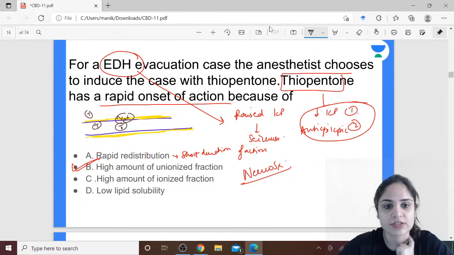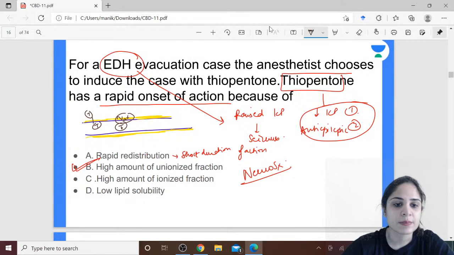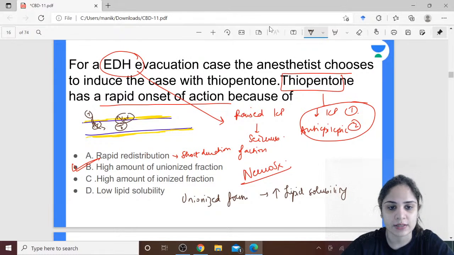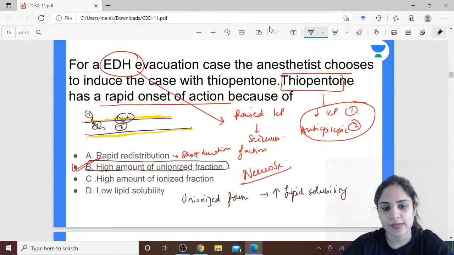To cross this lipid membrane, there is a very important chemical property of thiopentone, and that is it has to be in the unionized form. Whenever the drug is in the unionized form, it has high lipid solubility. So the more the unionized form, the faster it will be able to enter inside the nerve and act on the blockage of the sodium channel. So if it has a high amount of unionized fraction, it has higher lipid solubility and a faster onset of action.